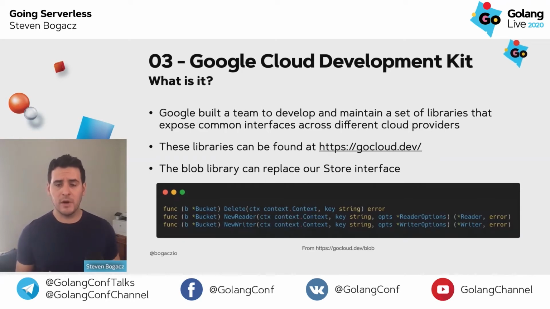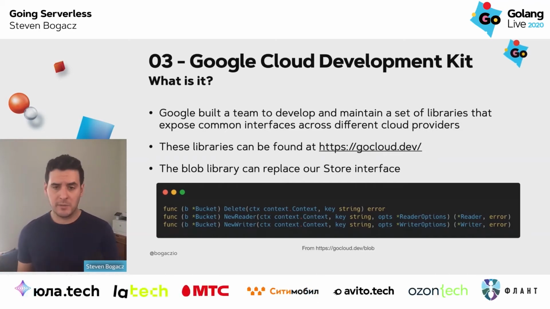Now, there are some drawbacks in that their common interfaces can't expose everything that the native AWS, GCP or Azure implementations of some of these things do. However, they do give you an As operator to get the AWS specific or Google specific types back, so you can do those operations if you need to.